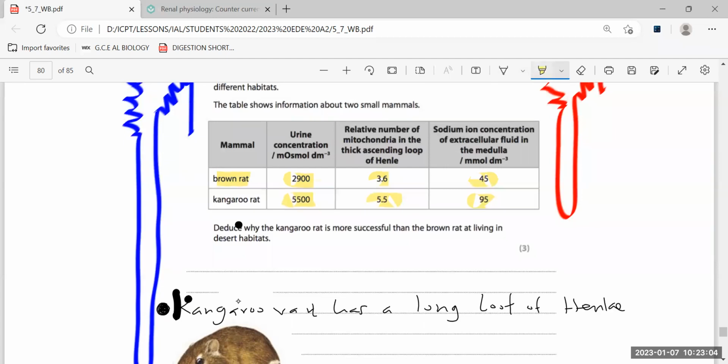Now if you look at this question: deduce why the kangaroo rat is more successful than the brown rat living in a desert habitat.